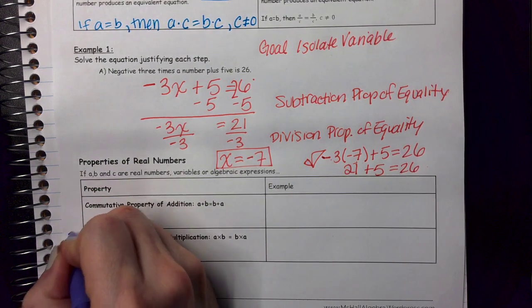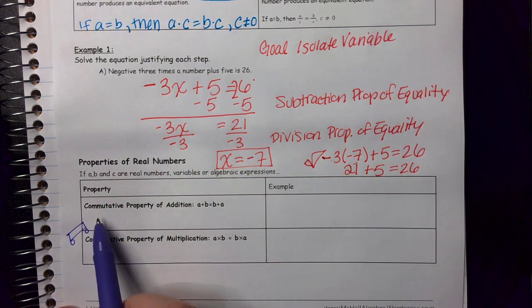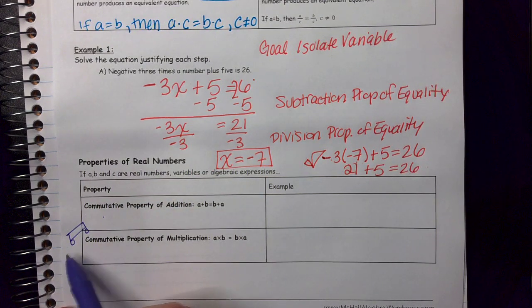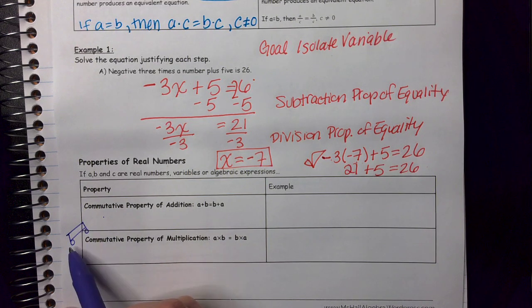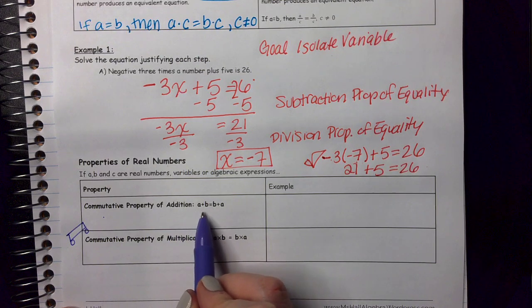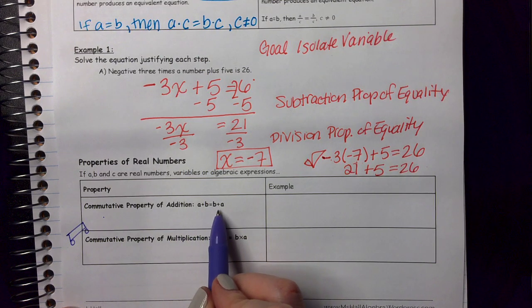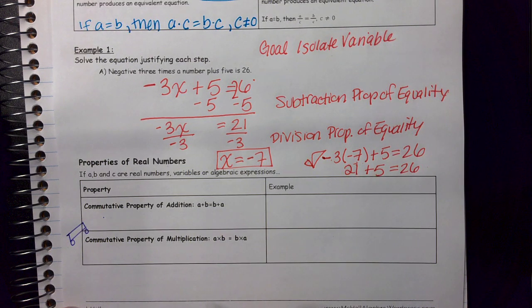For the commutative, I like to think of a commute, where you go to school and then back to school. And the distance is the same when you go to school and back from school. That helps me remember that the commutative property of addition is that you can reverse the order and it remains equal. Those both result in the same value. Same thing with multiplication. A times B is the same as B times A.